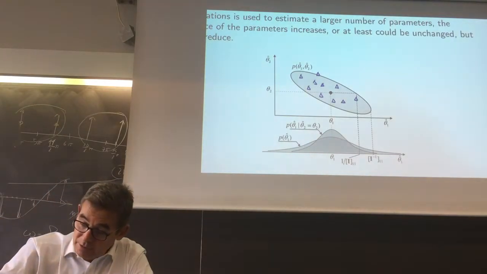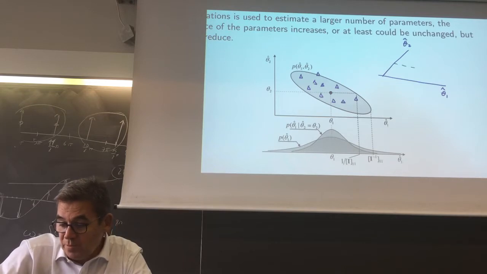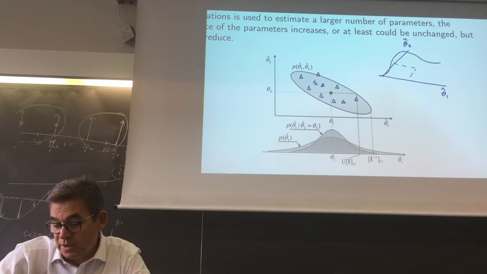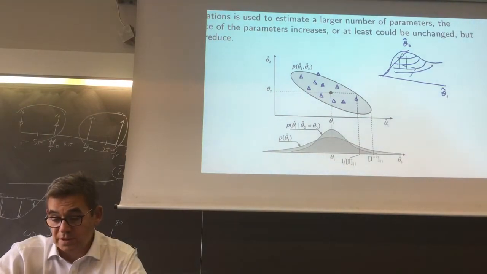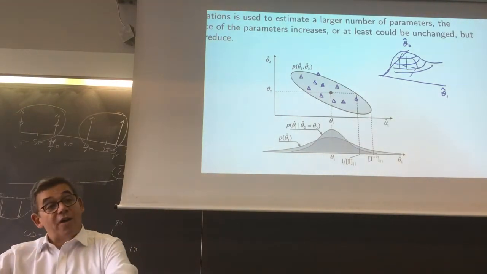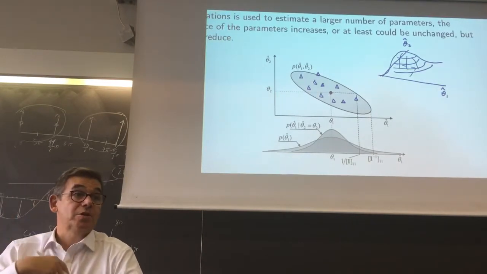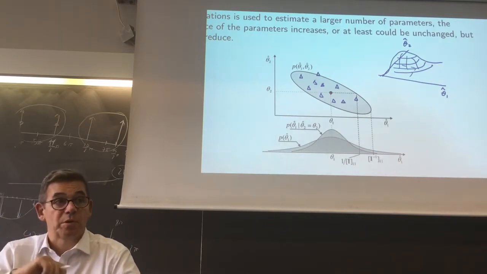So this one is theta 1 hat, theta 2 hat. If we repeat the experiments many times, our error is distributed as a Gaussian. Given this Gaussian, I can find the area where my experiment is collecting a certain set of values with a certain probability.